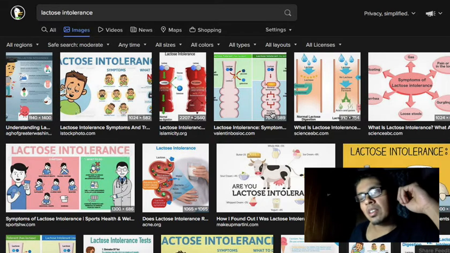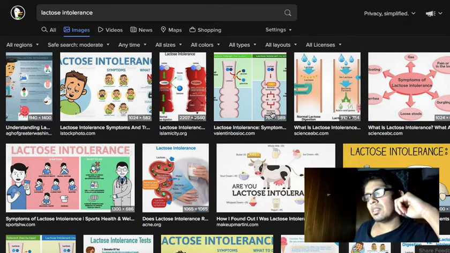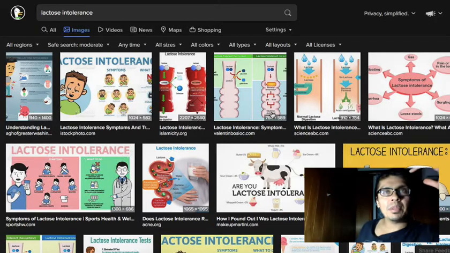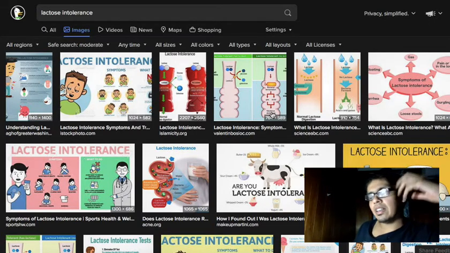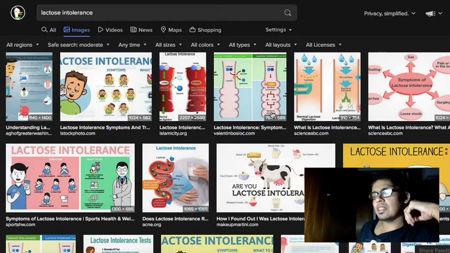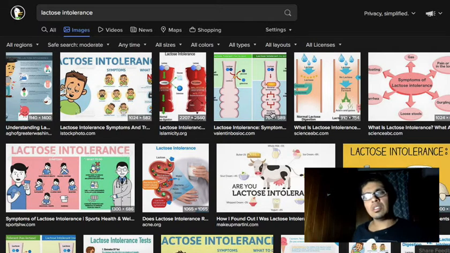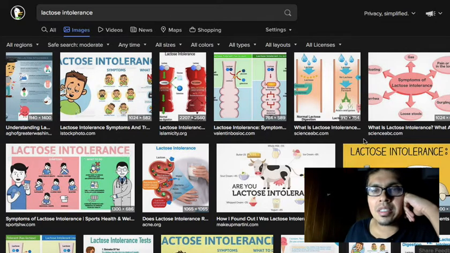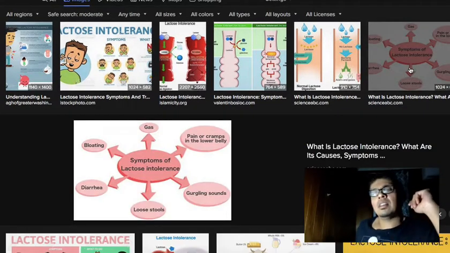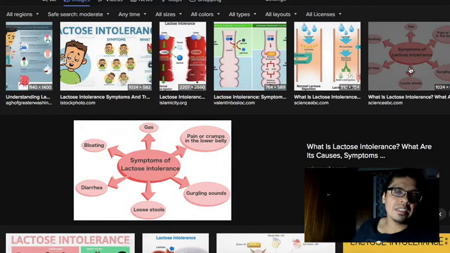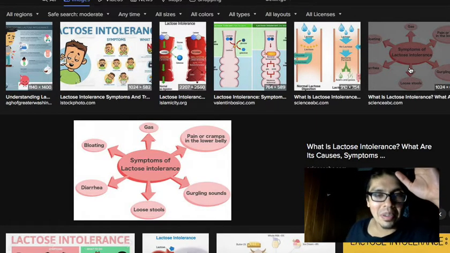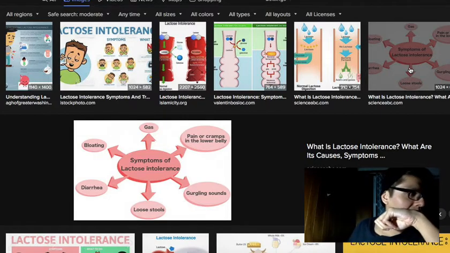The gut bacteria will consume the lactose, and therefore there will be a buildup of gas, H2 gas and a few other kinds of gases, but primarily H2, which causes bloating and indigestion. We see what issues lactose intolerance causes, and that's here as we described.